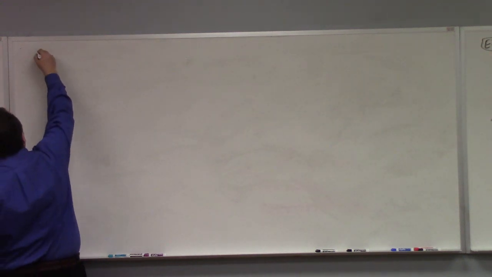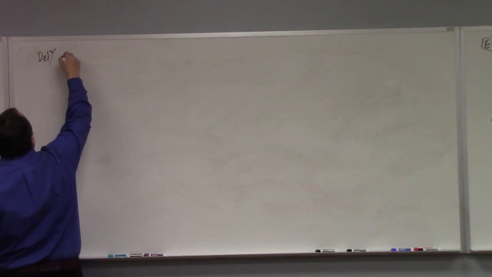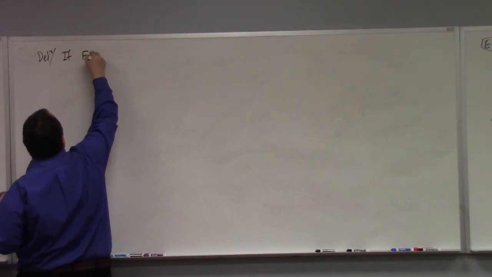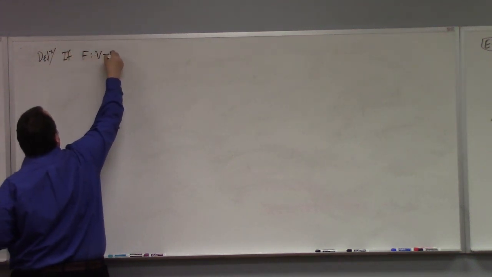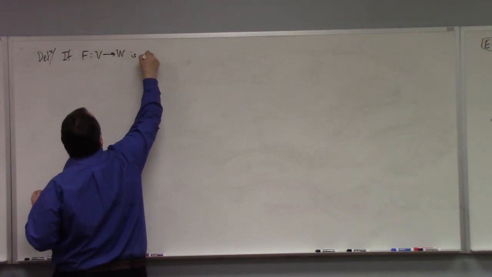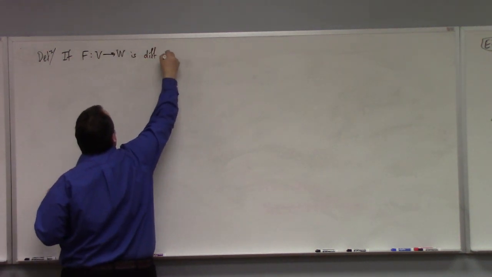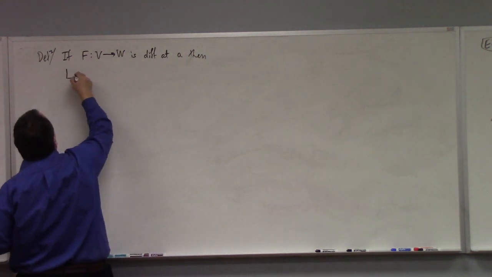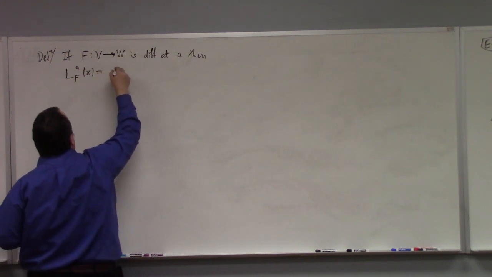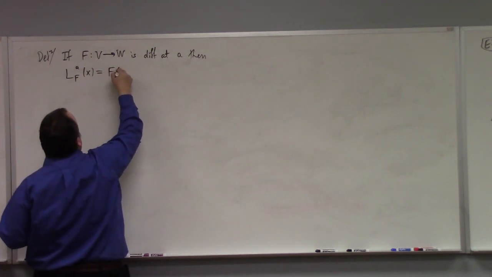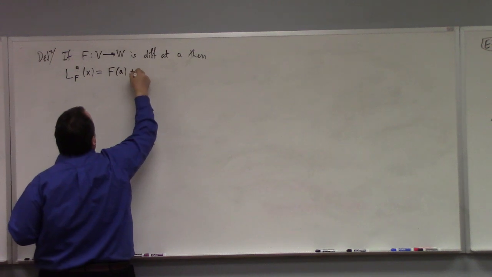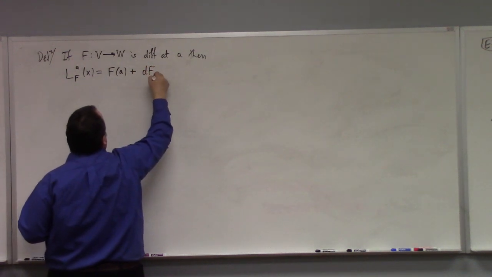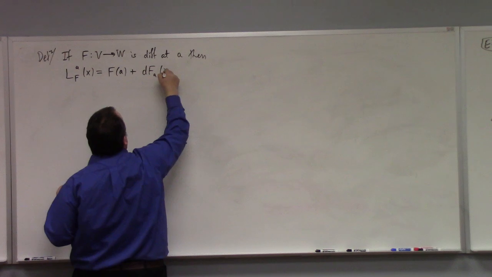So definition: if f from V to W is differentiable at A, then the linearization of f at A of x would be equal to f of A plus the differential at A of x minus A.